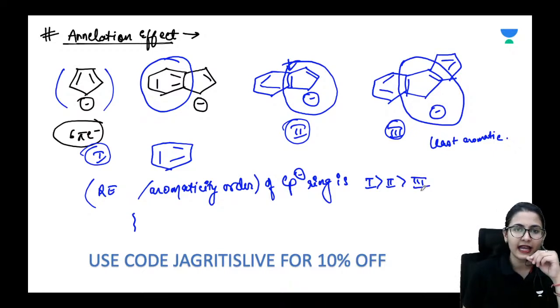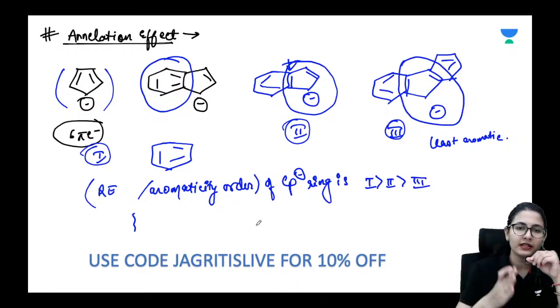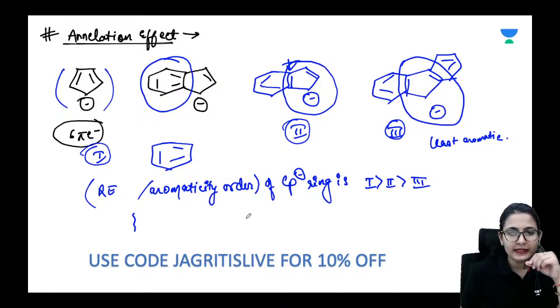This is known as the annihilation effect: as the number of rings increases, the resonance energy per ring will decrease. As the number of benzene rings increases, the aromaticity of the central Cp ring decreases.